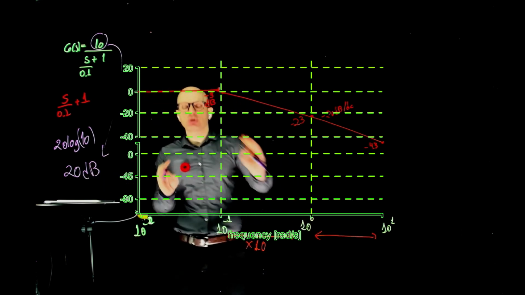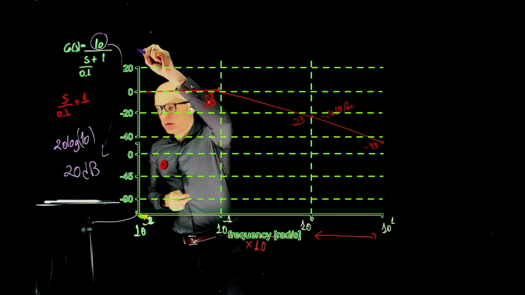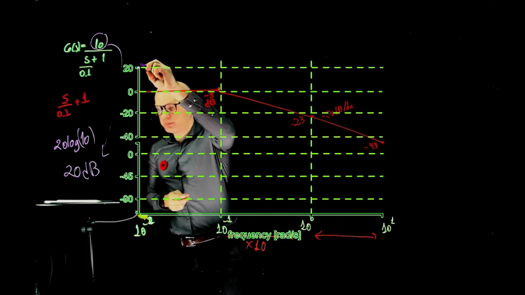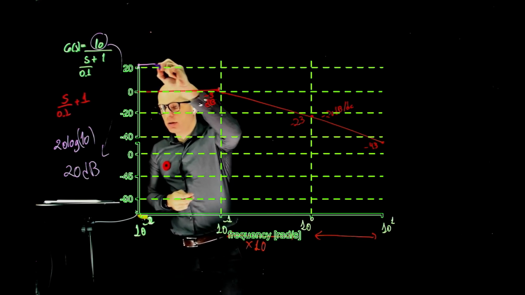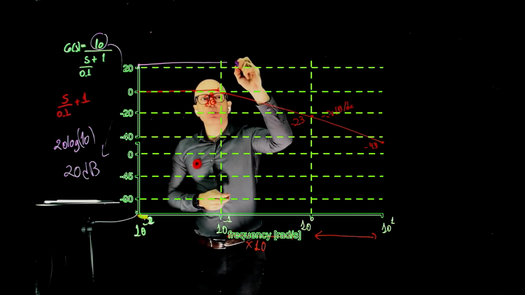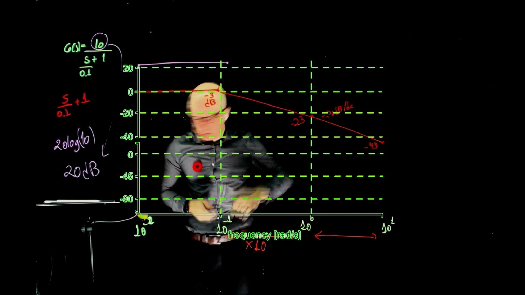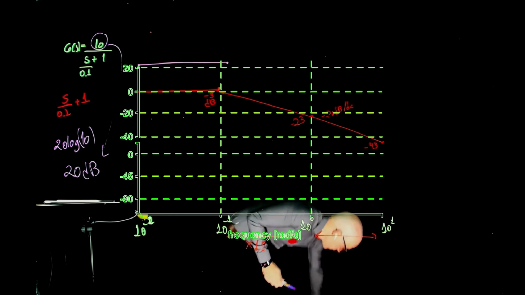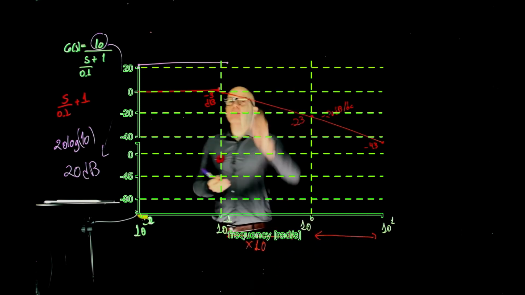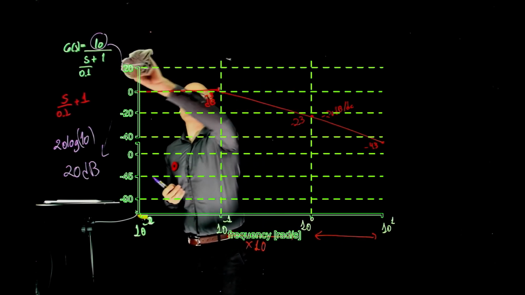So everything now shifts upwards by 20. So instead of 0, we are now at 20. Instead of -3, this is a terrible drawing, we should be at 17.